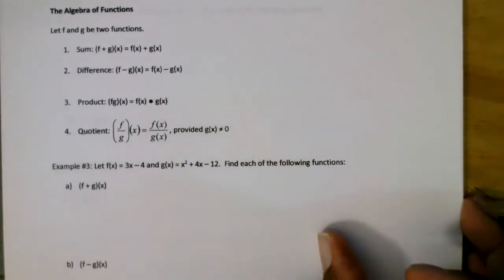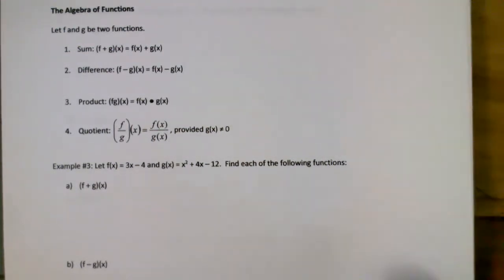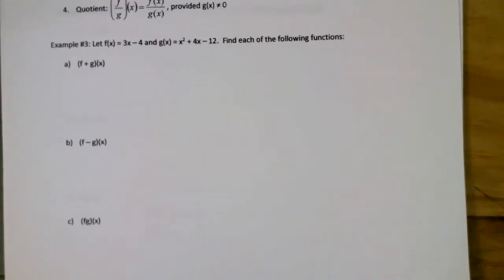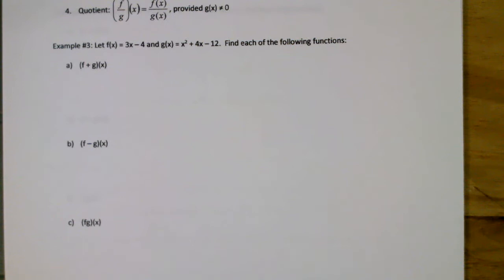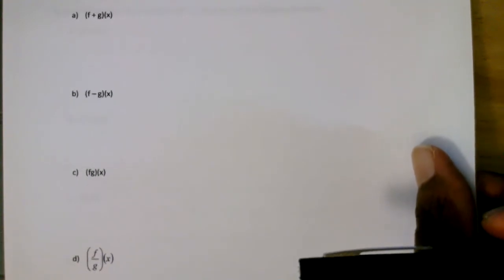Now we're going to use that with these examples here. So in example 3 in your handout, you'll see this. Here we're going to let f of x equal 3x plus 4 and g of x equal x squared plus 4x minus 12. And we want to find the following functions: f plus g of x, f minus g of x, f times g of x, and f divided by g of x.